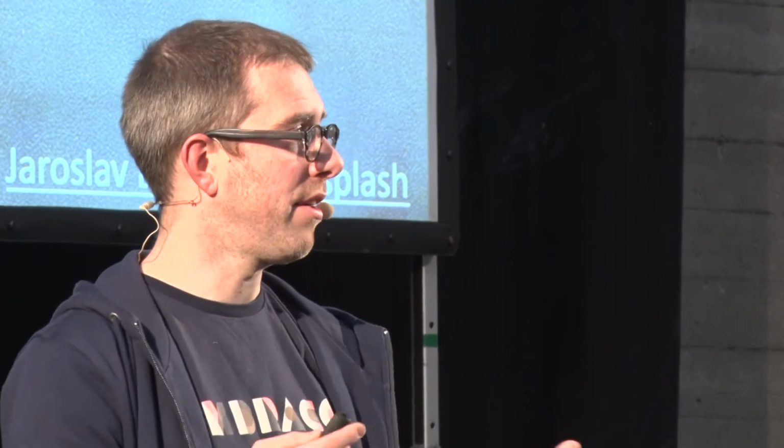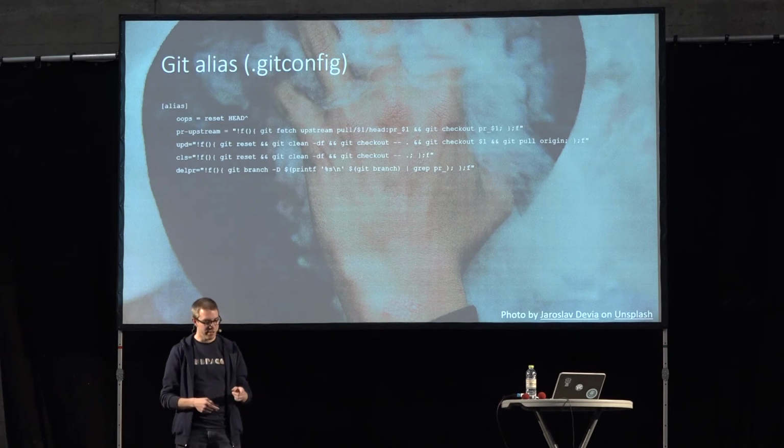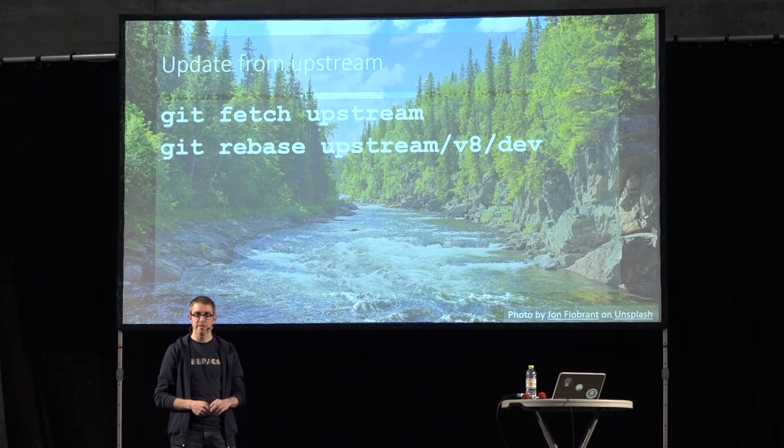It's useful, and for example, I can use the PR-upstream alias, which pulls down a PR, creates a new branch, pulls everything down, and I'm on that branch. Pretty awesome, and normally I would need to do one, two, or three commands, so that's not necessary.